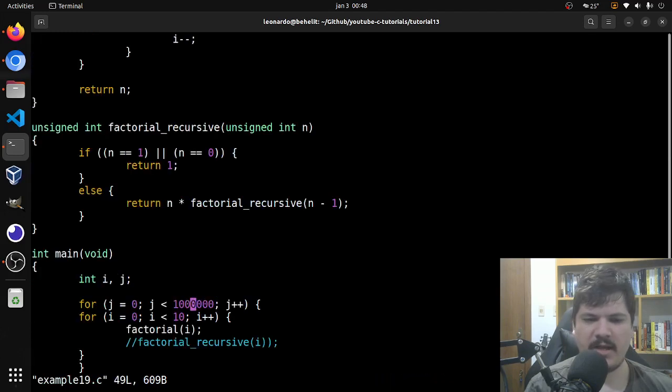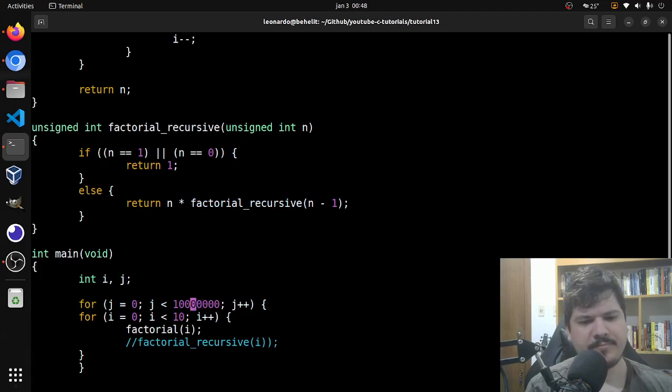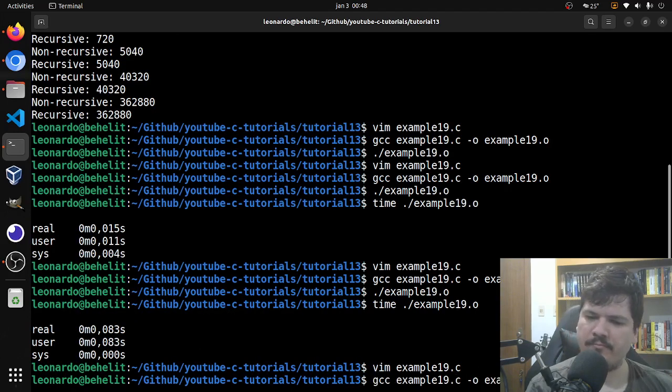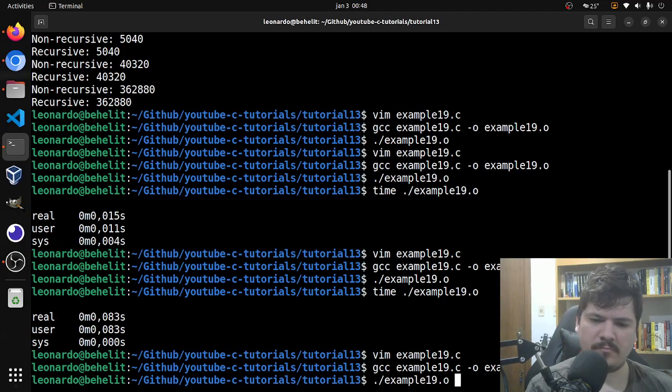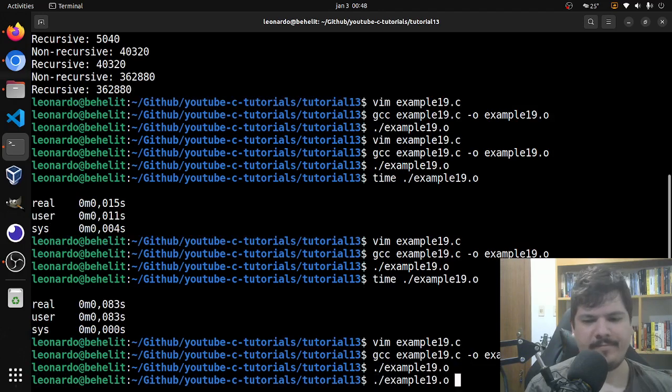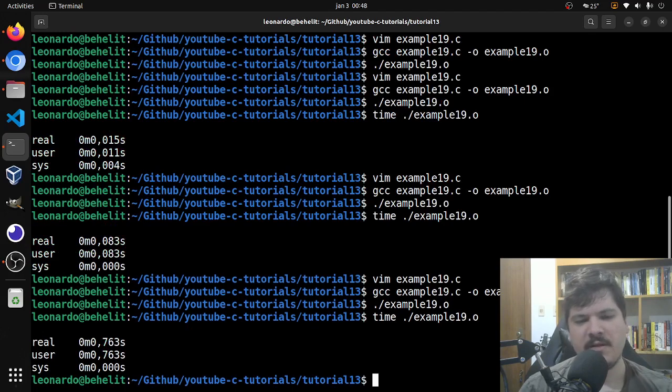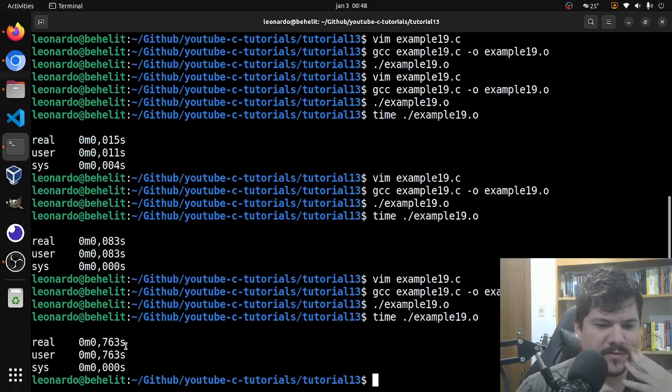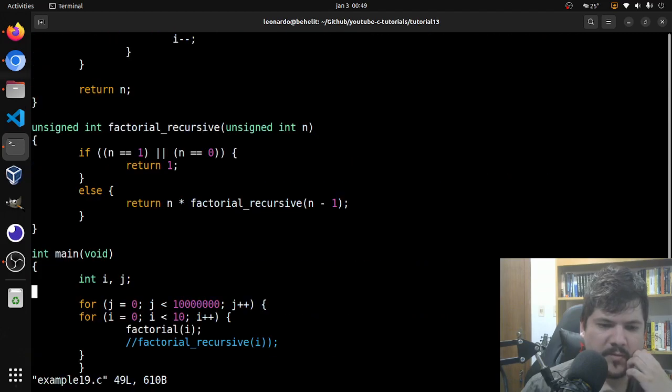Let me try 10 million. Yeah, no, I think it's good. So let's track it. So the time for non-recursive is around 0.7 seconds to compute. Okay, so let's try it with the recursive.